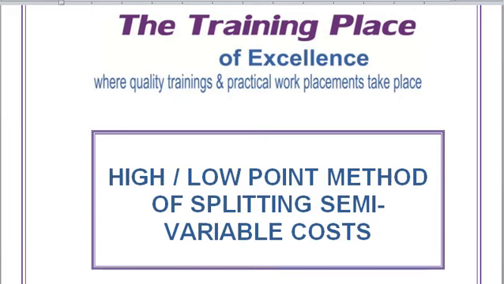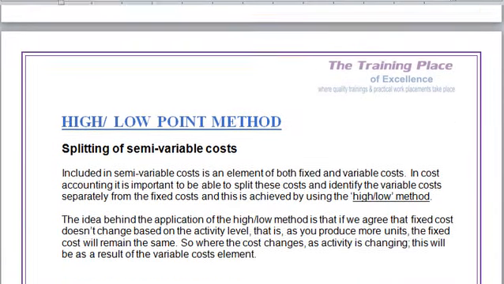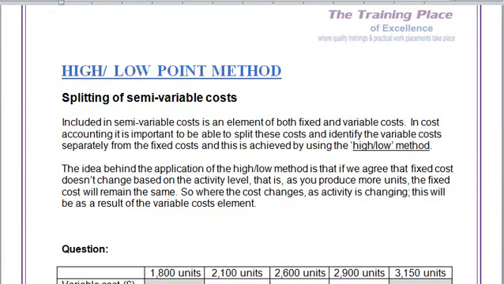Hello there. This is a teaching on the high and low point method of splitting semi-variable costs. You must be aware by now, semi-variable costs are costs that have an element of fixed cost and an element of variable cost.